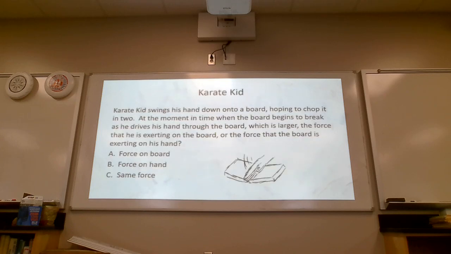Correct answer is C, the same. So how does the board break?